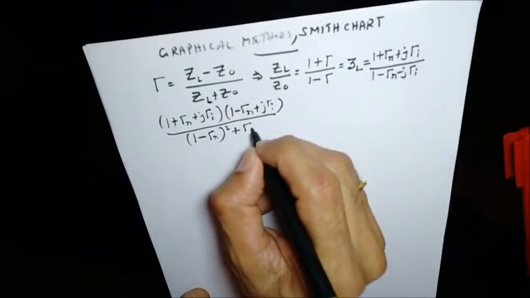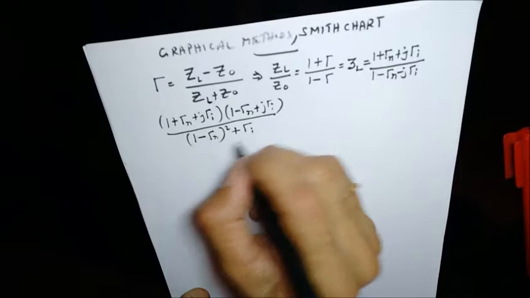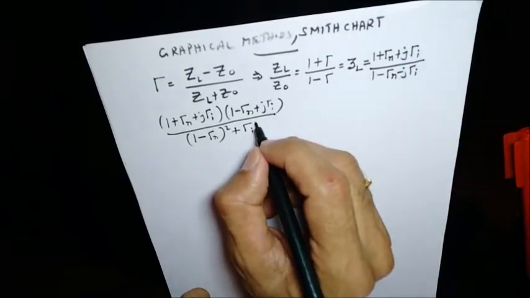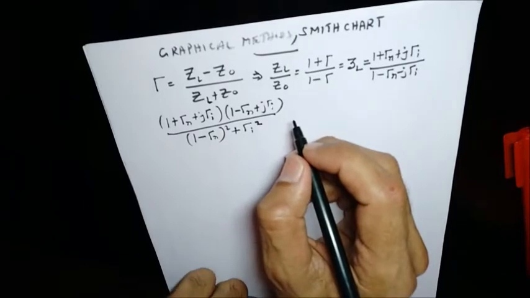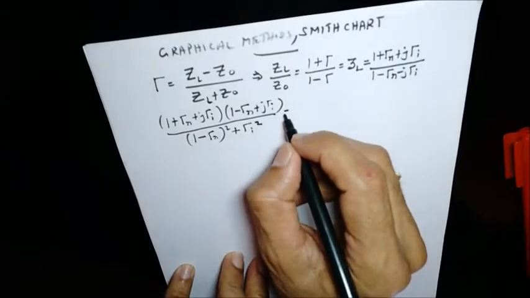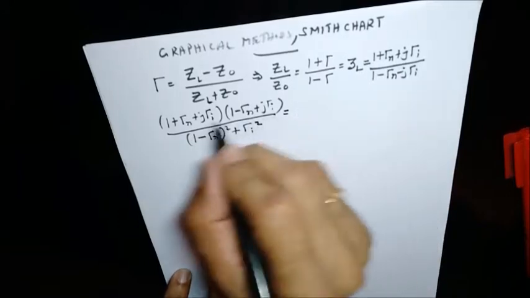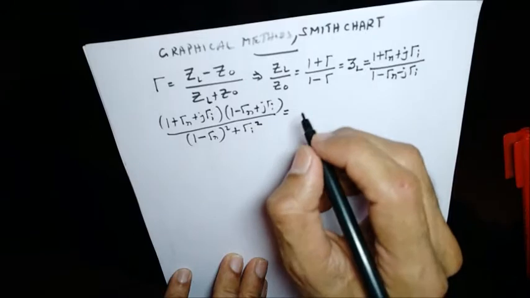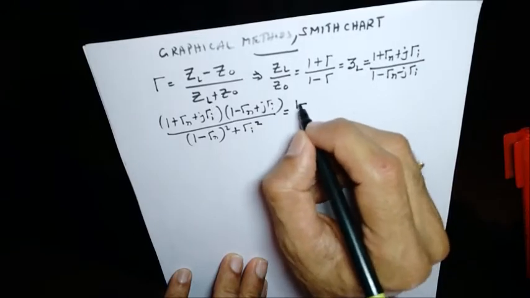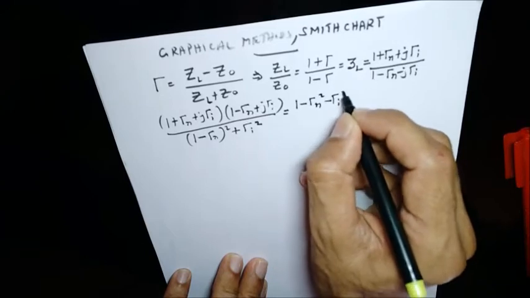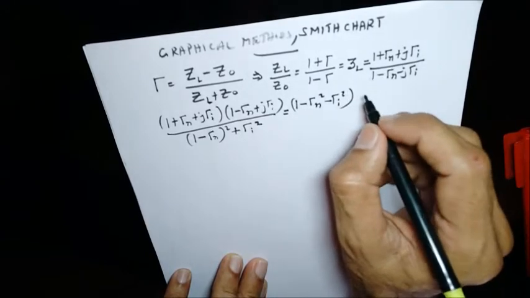I will skip that simple step wherein I arrive at this by multiplying with its conjugate, and you end up getting a relation like this. Okay, so further we can separate this easily if you open up the brackets in the numerator. Again, I will skip the steps. These are all very simple steps, so you can write it like this.